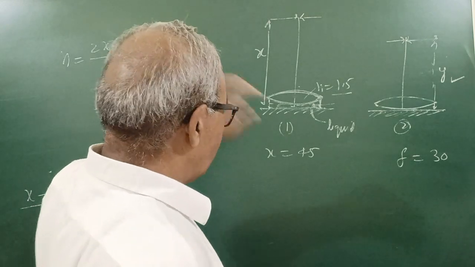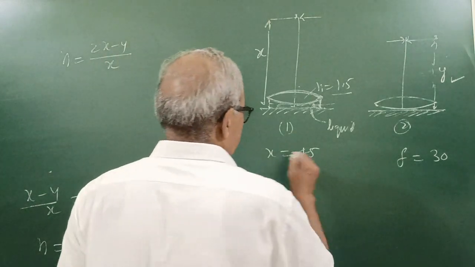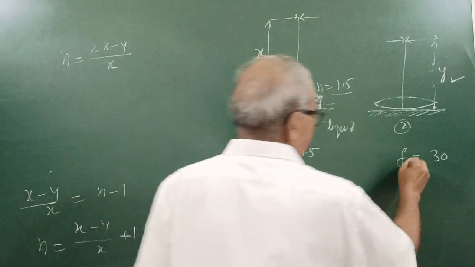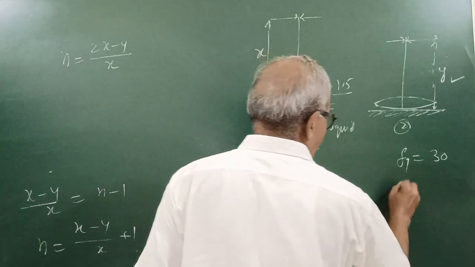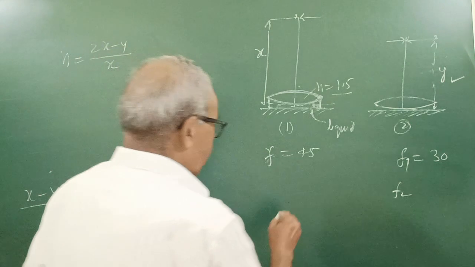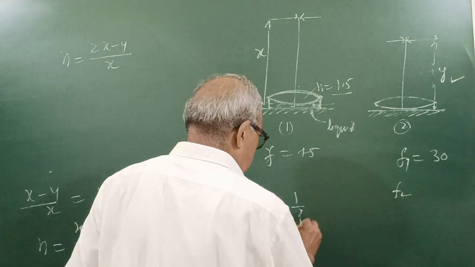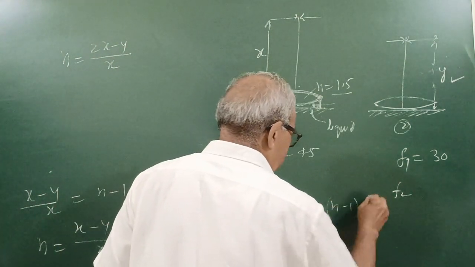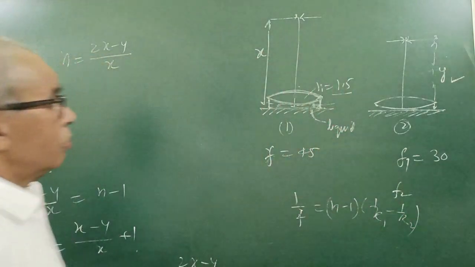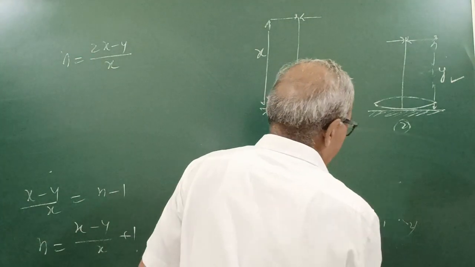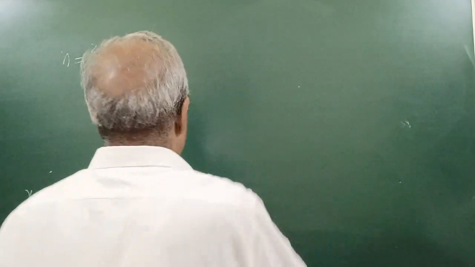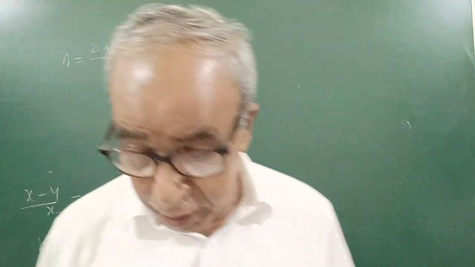From the combination of lenses, let us take f as the focal length of the whole, f1 for the lens, and f2 for the liquid. We can find f2, and using this equation, 1 upon f equal to n minus 1 into 1 upon, we can find it again. This is a good question, you can do it on your own. Please find it. So this was one question here.